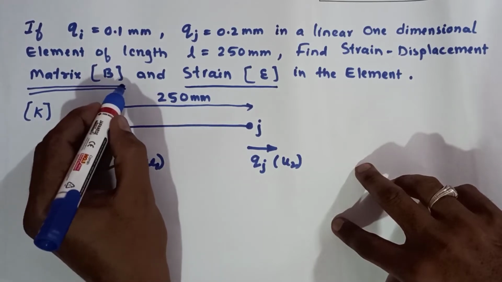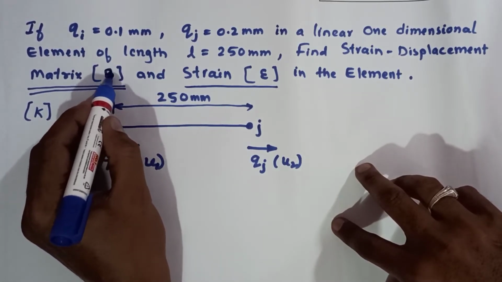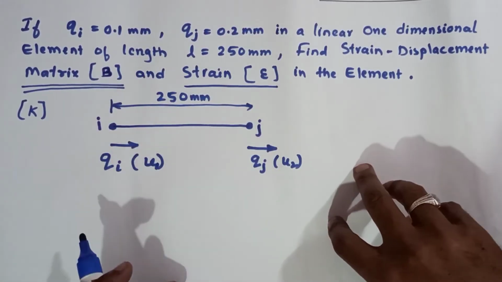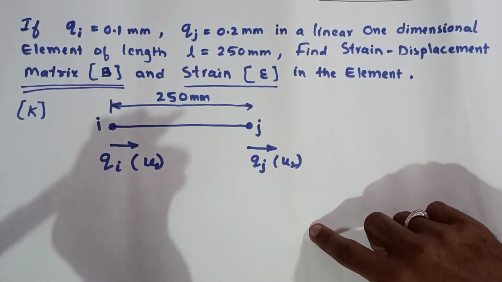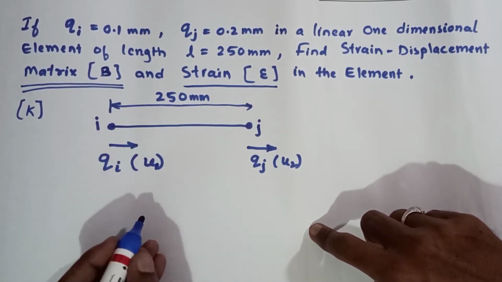The strain displacement matrix is taken as B, and the strain is epsilon, which you need to calculate. For a one-dimensional element, how do you define the stress?